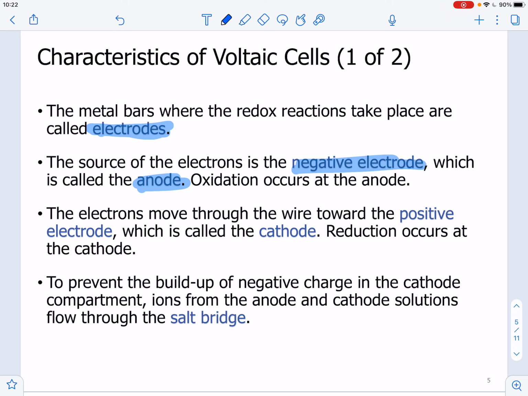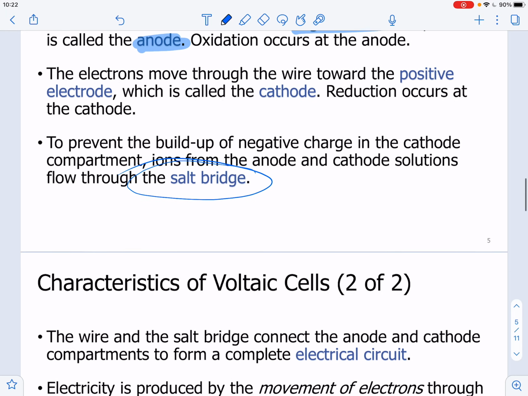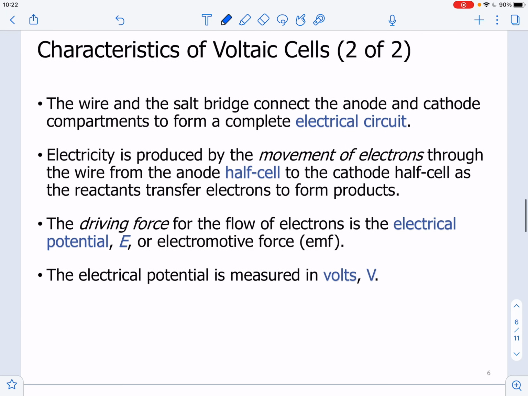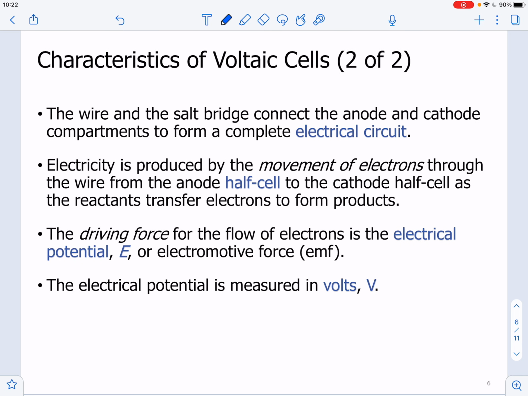And then you have to balance the ions, and for that purpose you use the salt bridge. If you produce positive ions, you need to provide negative ions. If you are consuming positive ions, then you have to replenish the positive ions. Now you need both the salt bridge and the wire to close the circuit, so to speak.